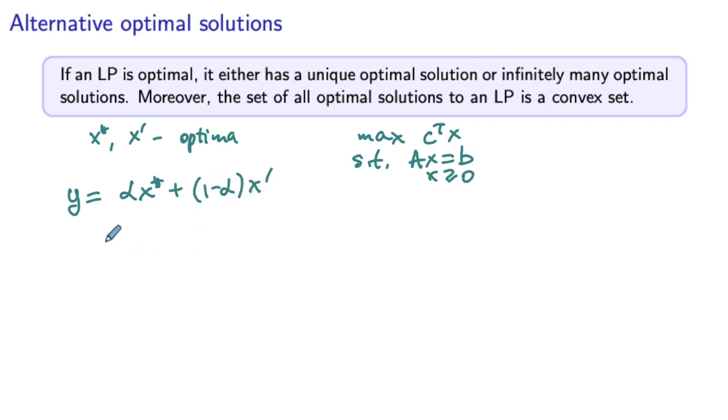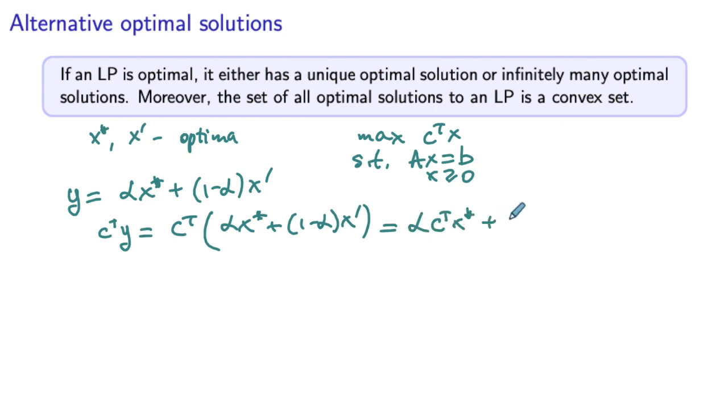And then what we need to show is that the objective at the point y is exactly the same as at x star and x prime. So for that we'll just take c transposed y, and then we'll substitute for y this expression, alpha x star plus (1 minus alpha) x prime. This is the same as alpha c transposed times x star plus (1 minus alpha) c transposed times x prime.